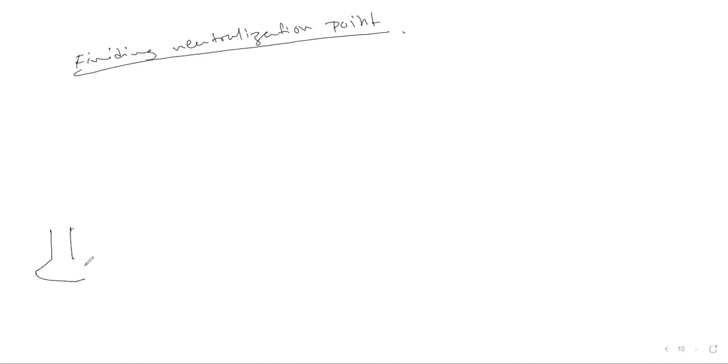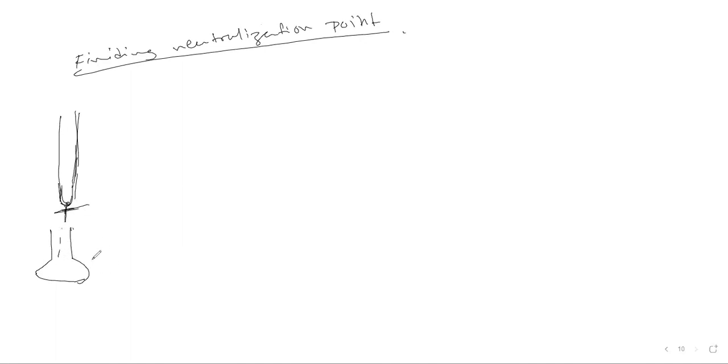So that's it. Now, if we try to find the neutralization point, how do we find it? Let's take an example of a conical flask, where from a burette, drop by drop, we are adding potassium hydroxide.